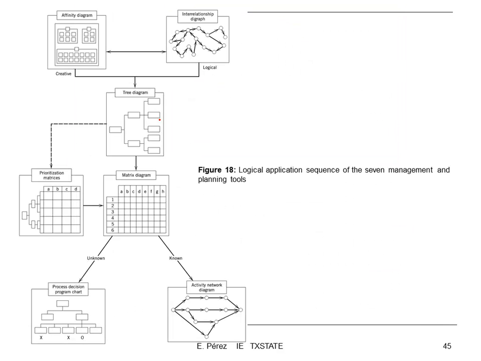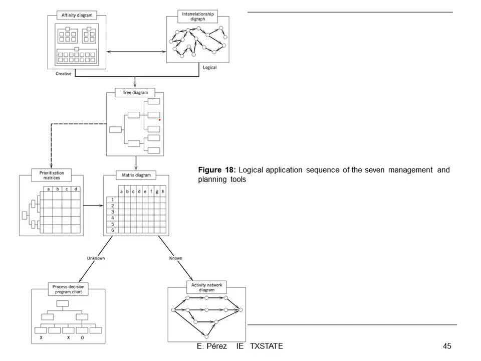Finally, this is just to give you an idea of how you can apply these tools in real life. If you want a sequence for applying these tools, you can follow this flow chart. You can start with affinity diagrams and interrelationship diagrams, and then go into more detail with the tree diagrams.